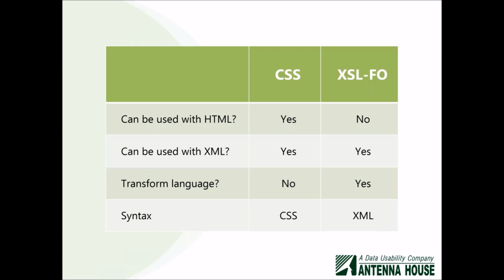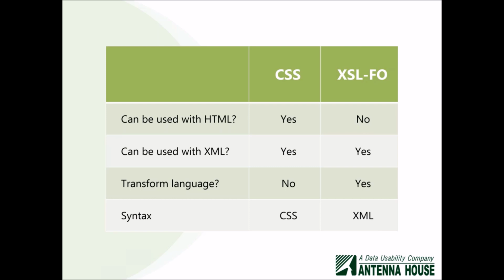So, looking at the data sources, just HTML, you would use CSS to go to print. XSL FO has no tools for that. XML, you can use either CSS or XSL FO.